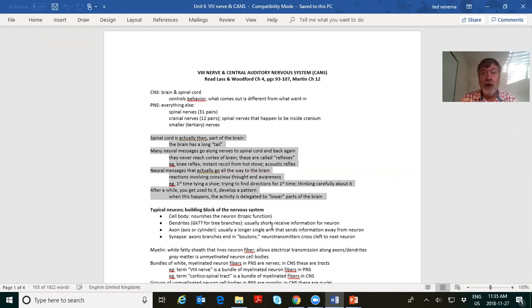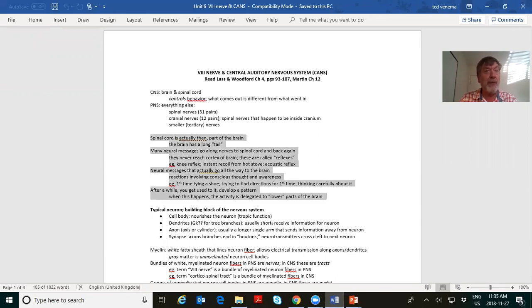Those kind of things involve your cortex, the big wrinkly part at the top of your brain. So you decided, you heard a tone and you decided to push the button or to raise a hand and say you heard the tone. Okay, so that's behavioral. Reflexes, your hand on a hot stove, you instantly pull your hand away.